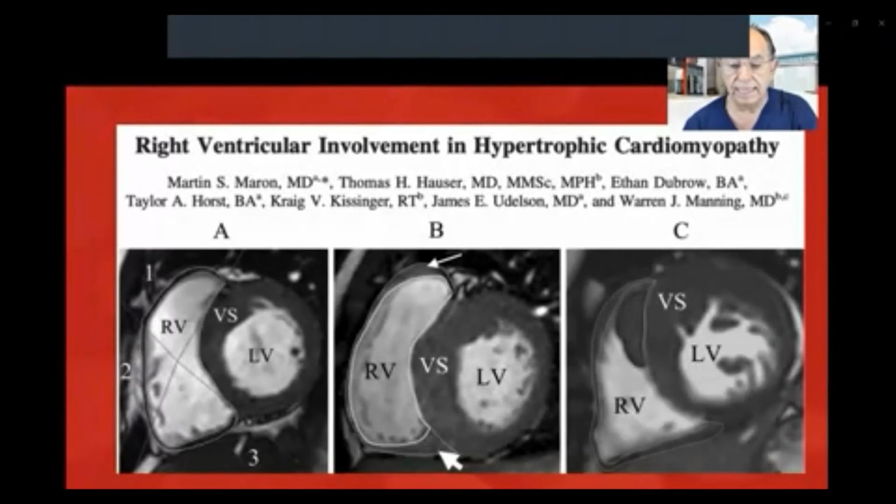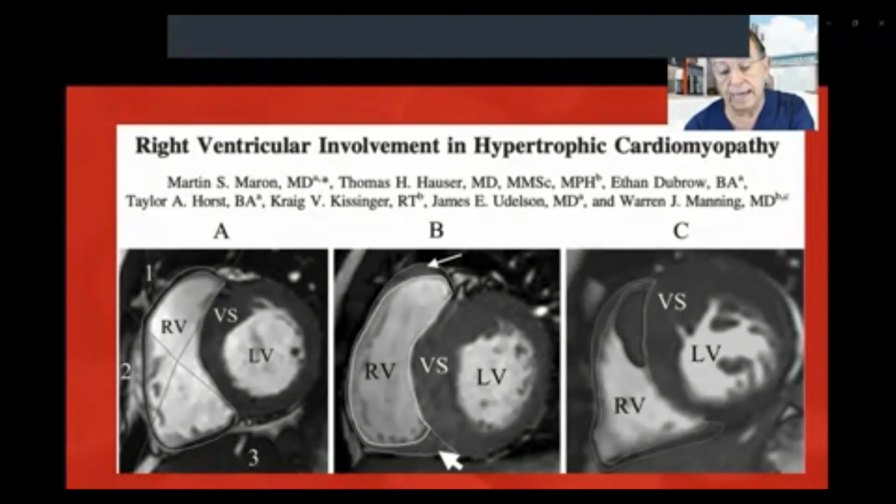And finally, I need to speak about the presence or absence of right ventricular involvement in hypertrophic cardiomyopathy, because usually we think that in patients with hypertrophic disease the hypertrophy is only localized in the left ventricle, and in a group of patients it's possible to find hypertrophy in the right ventricle.